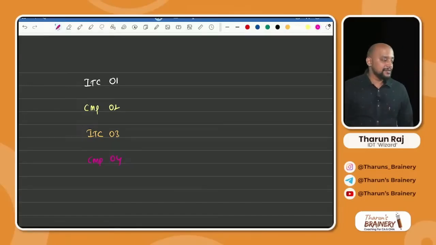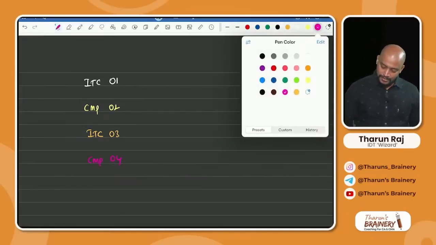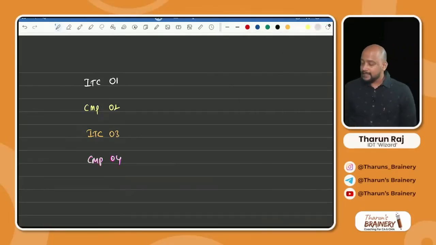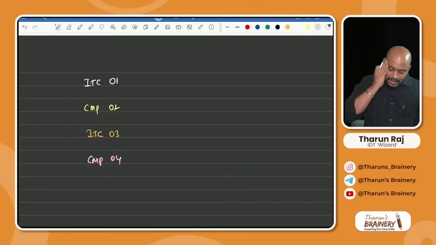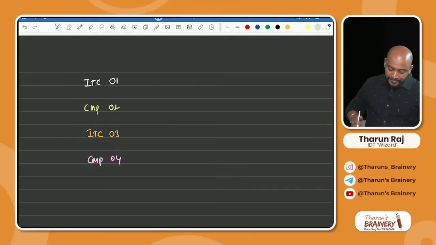ITC 1, ITC 3, CMP 2, and CMP 4. First, ITC 1 is for what?